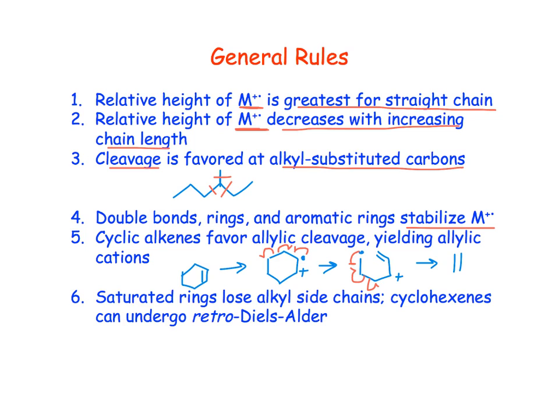And in this case, it is going to form an odd electron ion, because we haven't transferred a hydrogen, but we've had to cleave 2 bonds in order to yield our fragment ion. So this is an odd electron ion over here.